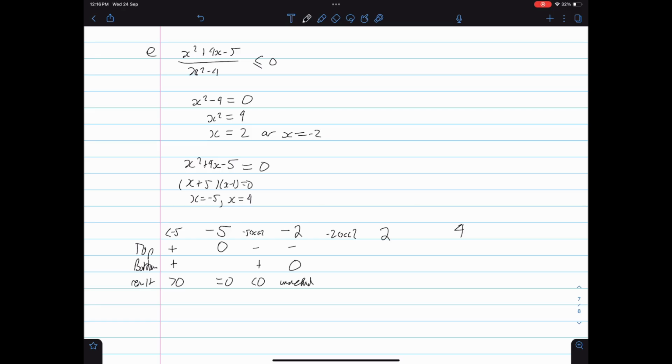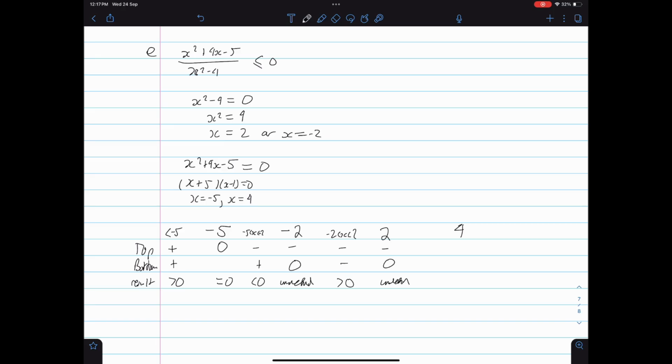We're still in that negative region for the parabola, so it's a negative on top, but on the bottom, it'll also be negative actually, so that'll be greater than 0. Because the absolute value of it is less than 2, so the square of it will be less than 4, giving you a negative on the bottom. At 2, that's still negative, but that's 0, so this is undefined.